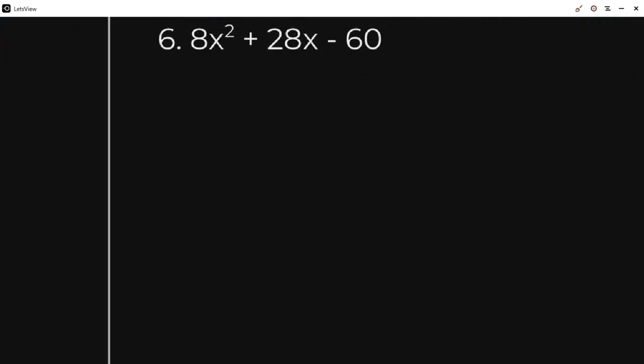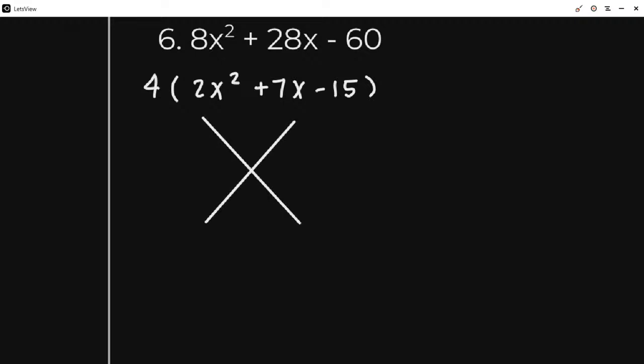Okay, next one. The GCF of this one is also 4, so we want to factor that out first. So that'll be 4 times 2x squared plus 7x minus 15. On the top is going to be negative 30, and on the bottom is going to be 7. So the two numbers that multiply to negative 30 and add to 7 are 10 and negative 3.